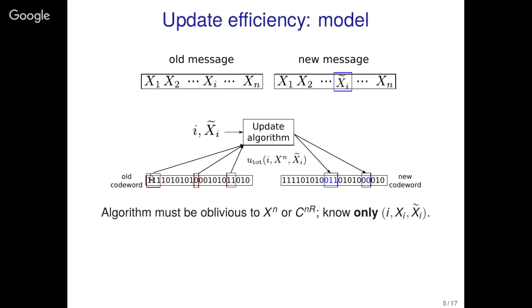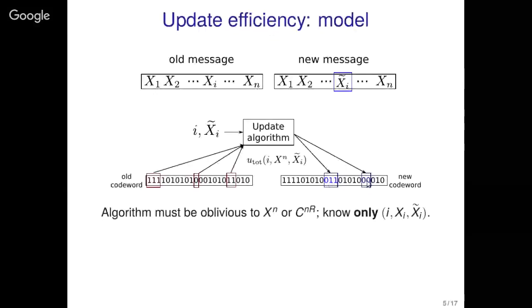So in order to update xi, it probes some code word bits, and based on the values of the locations that have been probed, it modifies the code word to the new code word, and we want to minimize the total number of bits that are probed and modified in order to handle the update of xi.